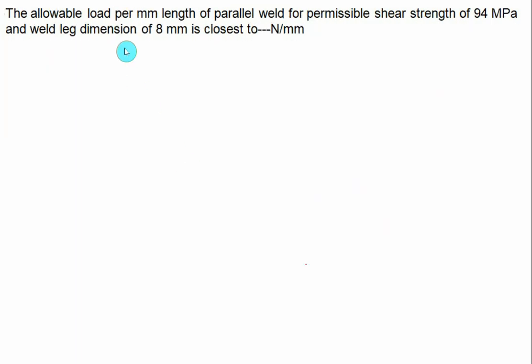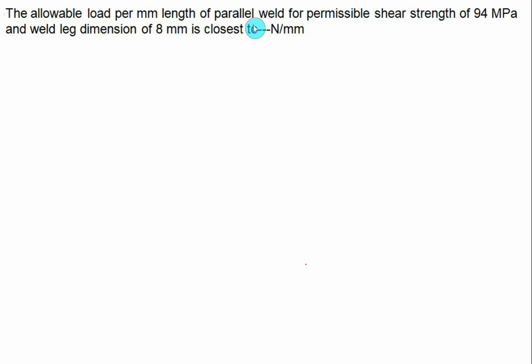The allowable load per mm length of a parallel weld for a permissible shear strength of 94 megapascal, and we have weld leg dimension, that is leg size equal to 8 mm, we have to find out in Newton per mm.